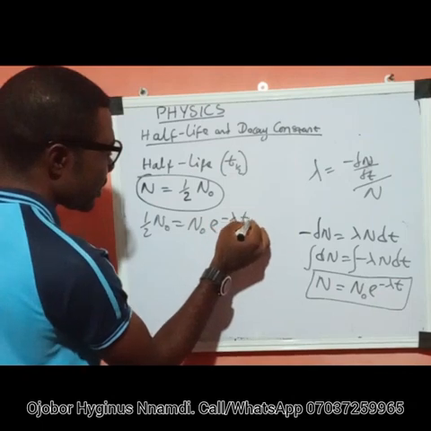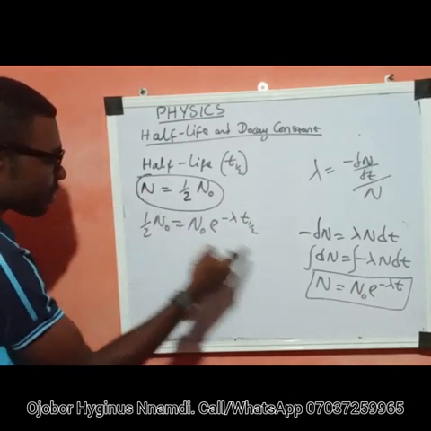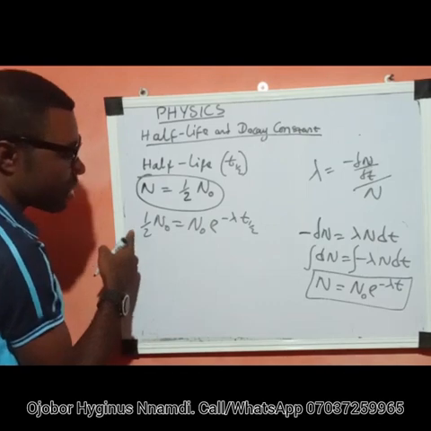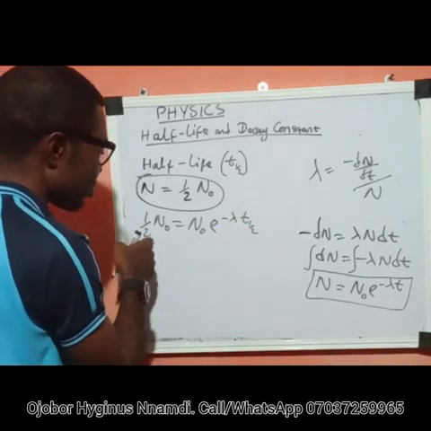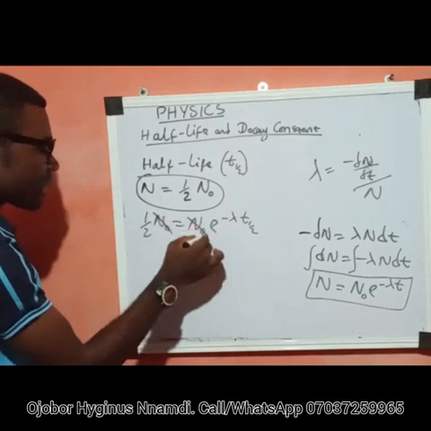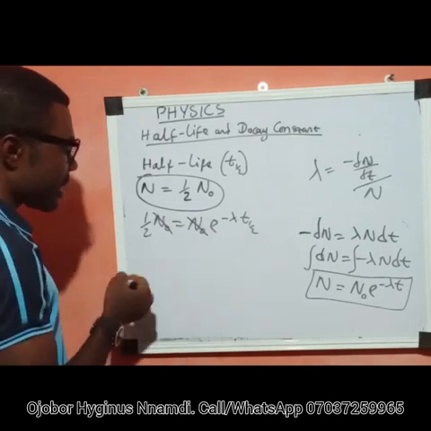This time t is the half-life, because we have represented the number of atoms present with half of the original number of atoms. Therefore, the time for this to happen should be the half-life. And you can see that N naught will cancel N naught, and we have half equal to exponent minus lambda t.